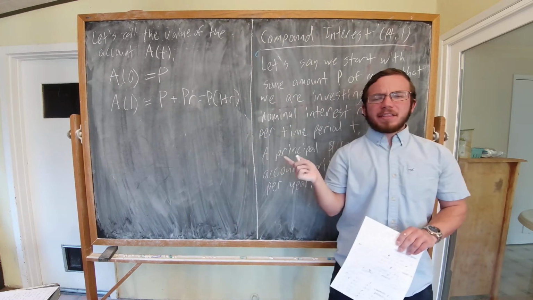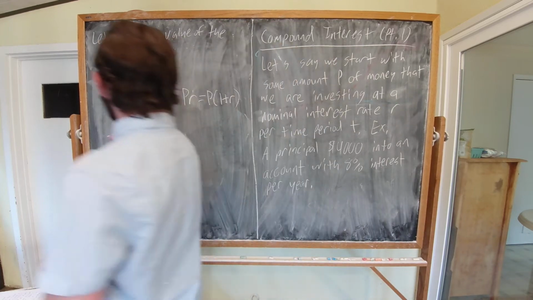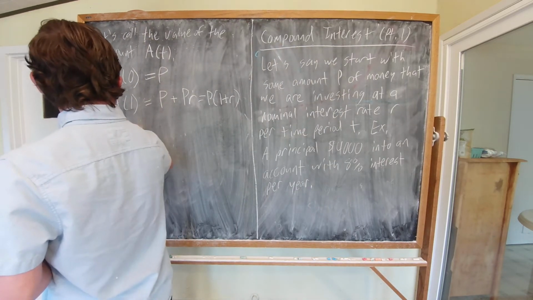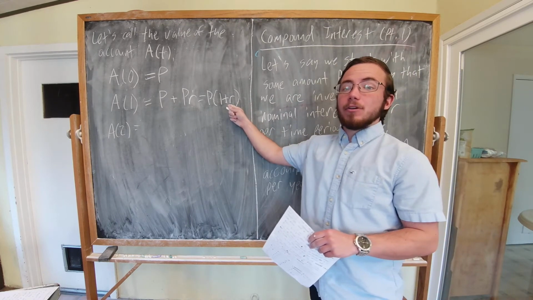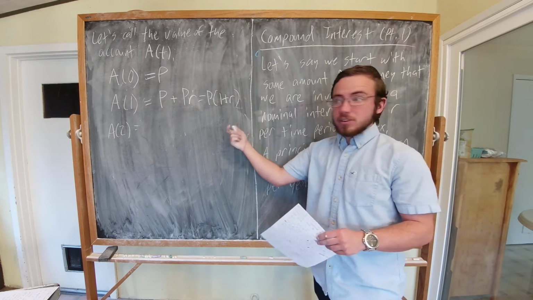Okay, what about the second time period? A of 2 will be the amount of money I had in the account, plus whatever interest I got.